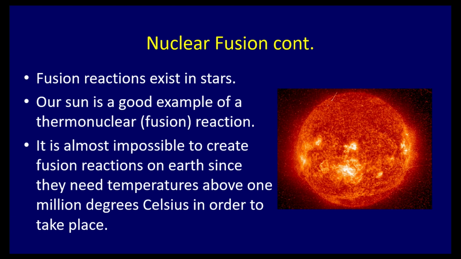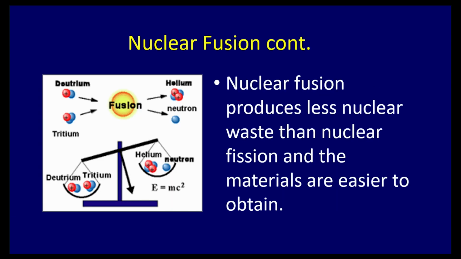For that you need a huge temperature. The nuclear fusion reaction produces less nuclear waste than nuclear fission, and the materials are easier to obtain. You need to remember this advantage.